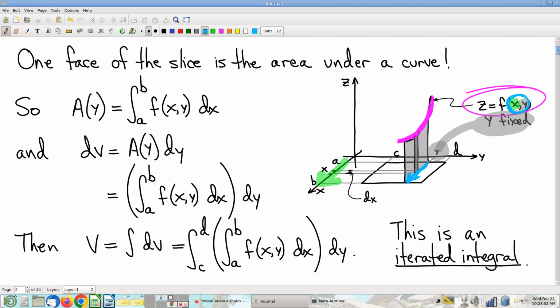And then notice, having done that, y being fixed, x being a variable, x comma y moving as the blue line does, just right along the base, z, namely f of x comma y, is giving me these heights. And I know height times width is going to give me little pieces of area. And again, single variable calculus, I can add up all of those areas. So height is what I do an integral of as x goes from a to b, and that will compute my cross-sectional area for me.